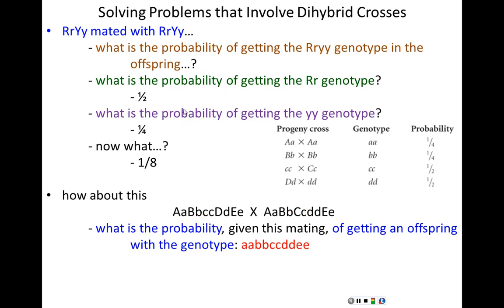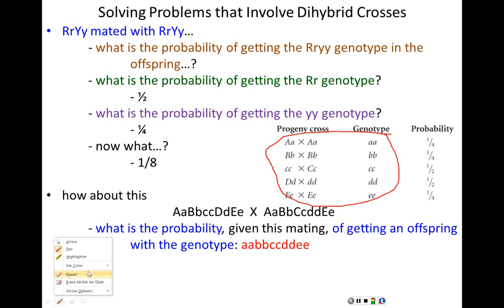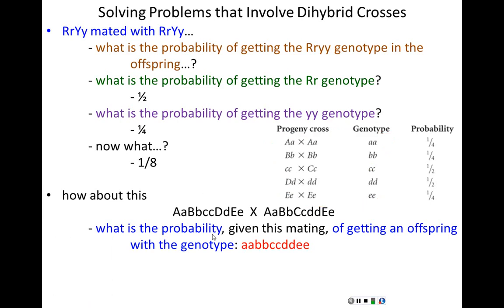Now, what about the D's? The D's are also 1/2 because it's a heterozygote by a homozygote recessive. And the E's are 1/4 because it's a heterozygote by a heterozygote. These are simple monohybrid crosses that we've just broken down one at a time. Now we just have to remember our rules of probability and realize that the question is really asking us, what's the probability of being homozygotic recessive for A and for B and for C and for D and for E?